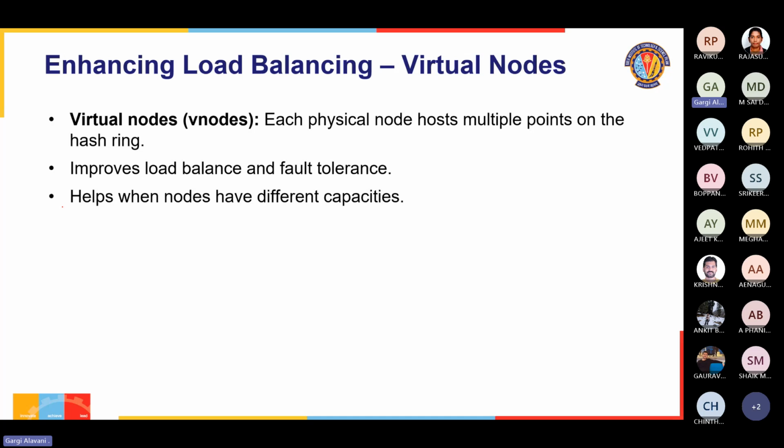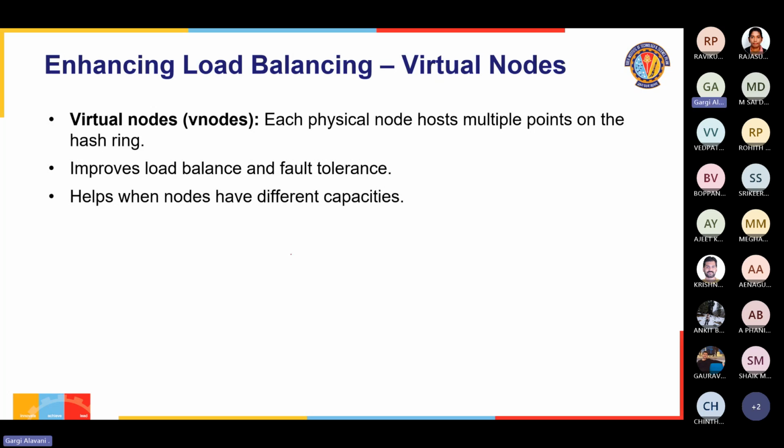Now, even with consistent hashing, some nodes might still end up with uneven loads. So there is another solution, which is virtual nodes. Instead of representing each physical node once on the ring, we place it in multiple positions.